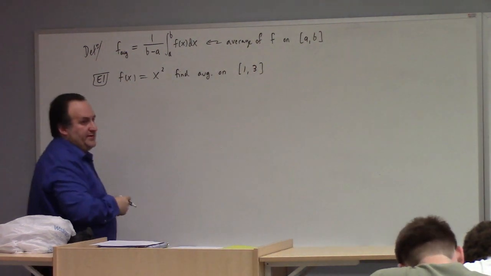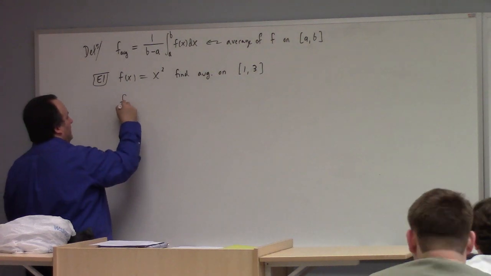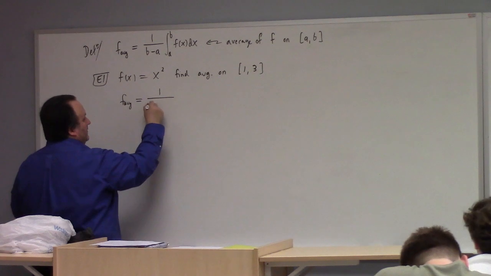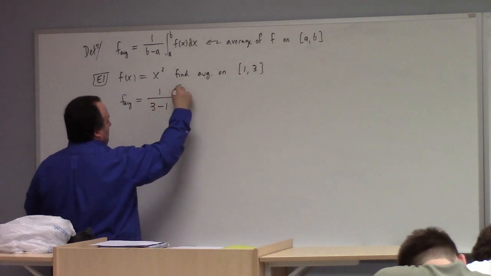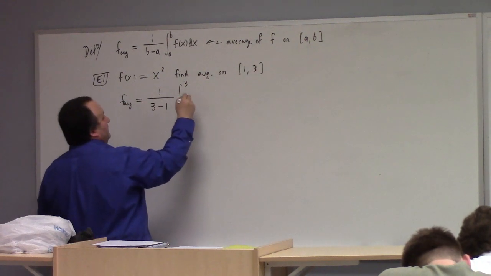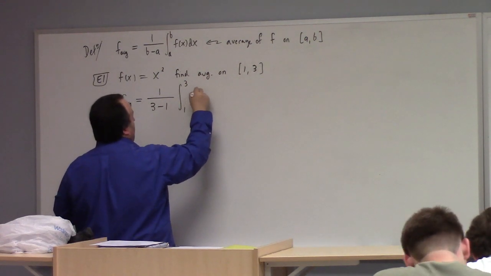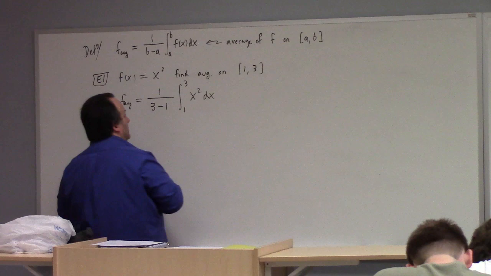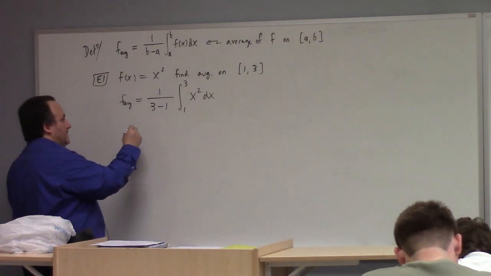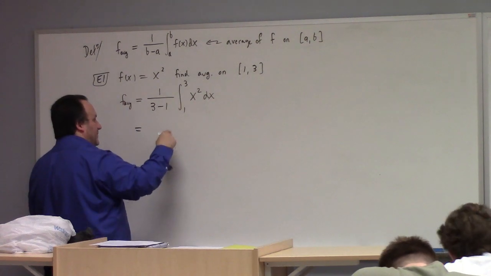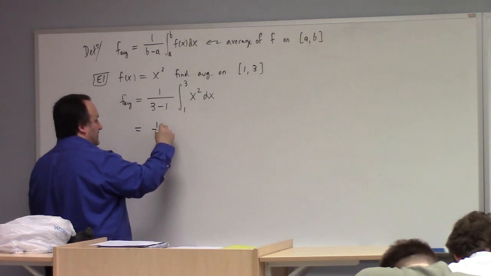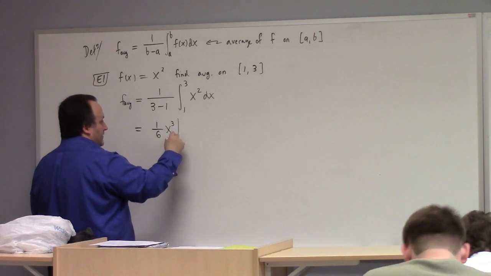There we go. So f average is 1 over 3 minus 1, the integral from 1 to 3 of x squared dx. What's 3 minus 1? It's 2, right? So we've got a half. And then integrate, we get a third, so a half times a third is a sixth. 1/6 x to the third power.